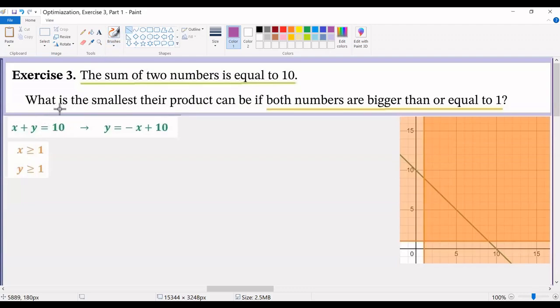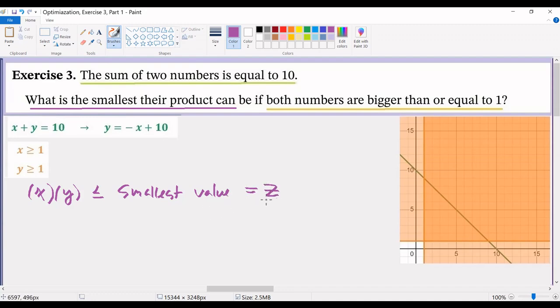Lastly, we'll look at the line, what is the smallest their product can be? So we're going to set x times y is less than or equal to the smallest possible value. And we're going to set the smallest possible value to some arbitrary function z.